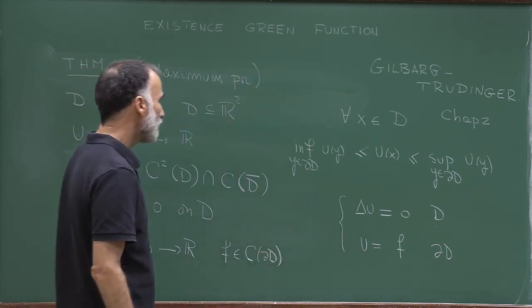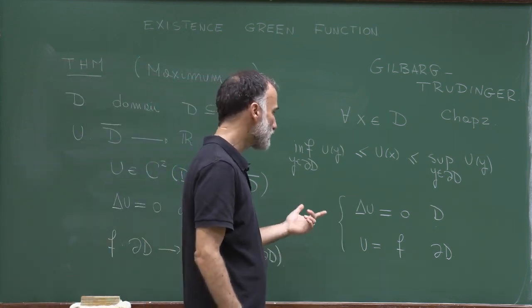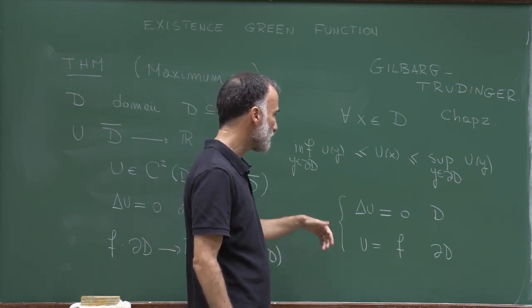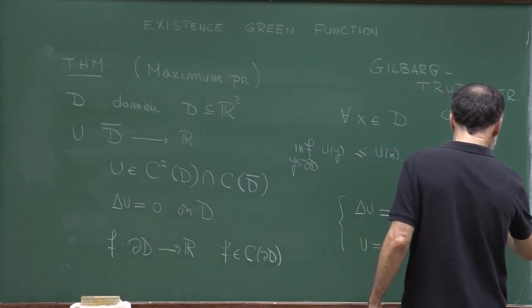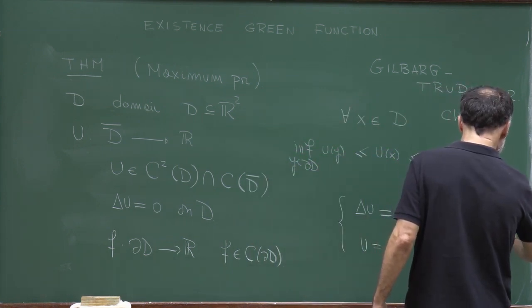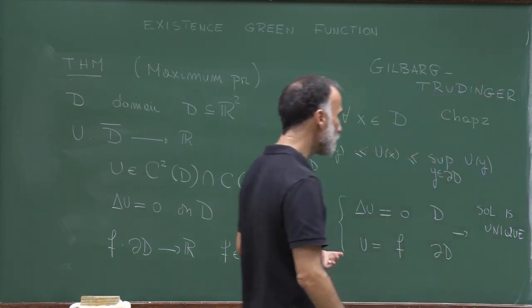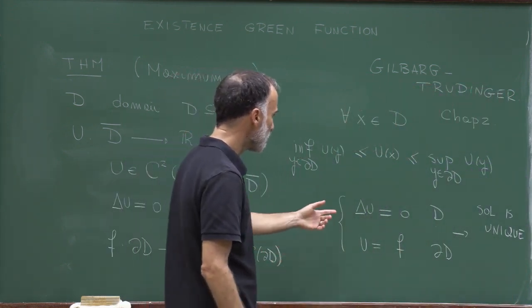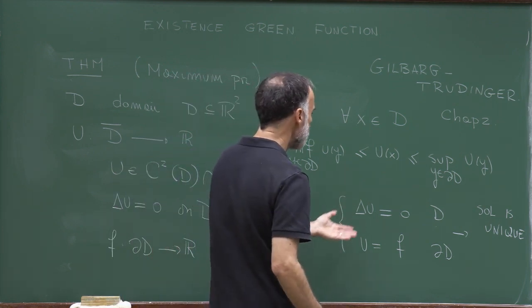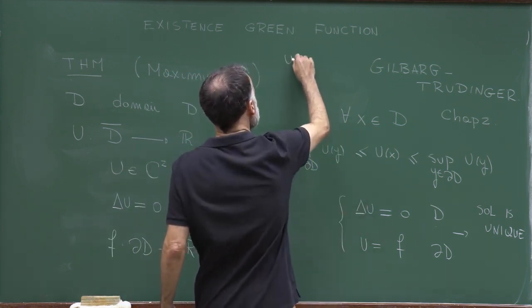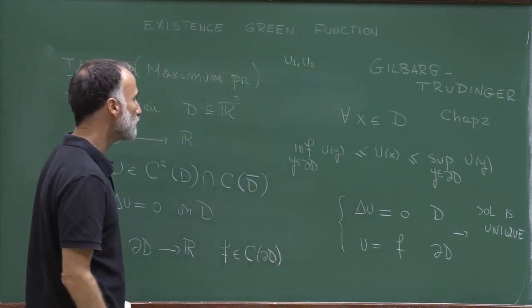So it follows from the maximum principle that this equation, if it has a solution, and I'm not claiming it has a solution, but if it has a solution, this solution is unique. So there is at most one solution. Let me give a proof of this, which is elementary. Assume that you have two solutions, which I'm representing by u1 and u2.